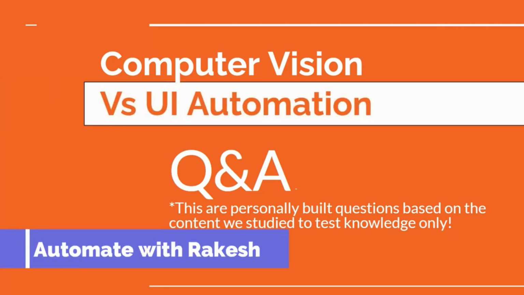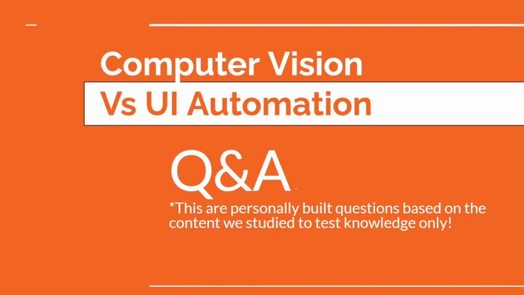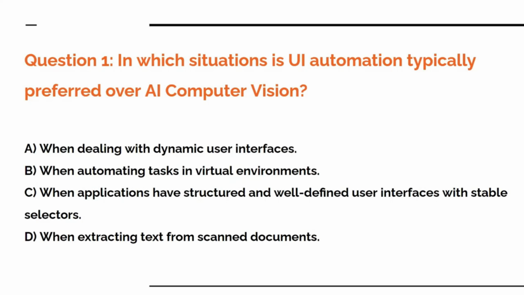Let's go through some of the questions around computer vision versus UI automation. The very first question: in which situation is UI automation typically preferred over AI computer vision? When should you go for UI automation? That is the question.